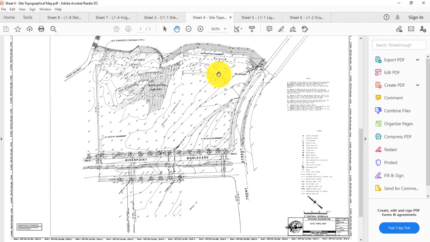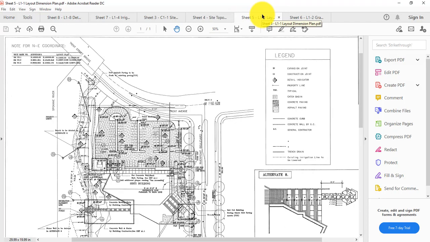And some of them are asking like the size of the typical parking space. Well, we saw that on the layout and dimension plan. Maybe asking how many drains there are, catch basin, drains, or fire hydrants.